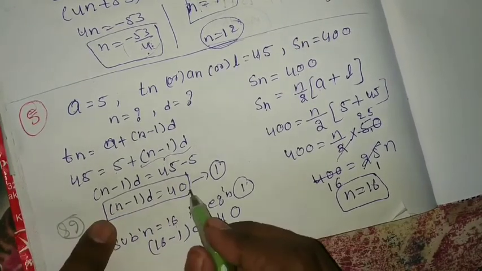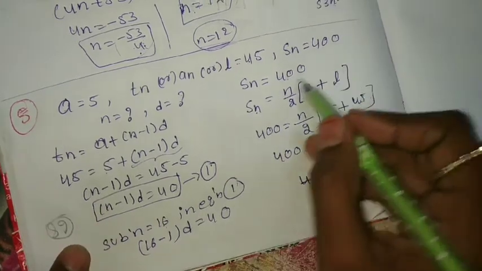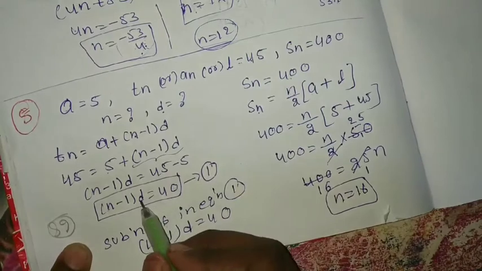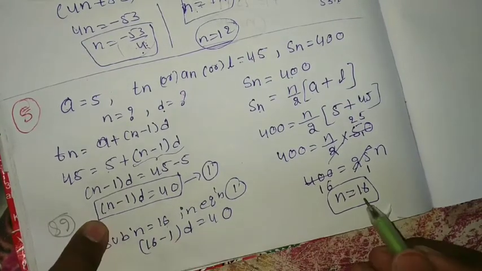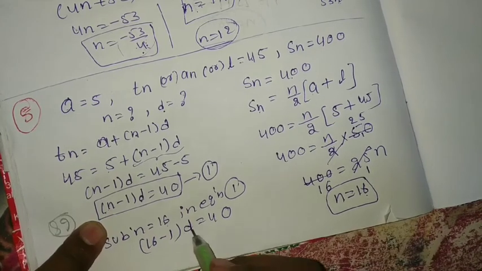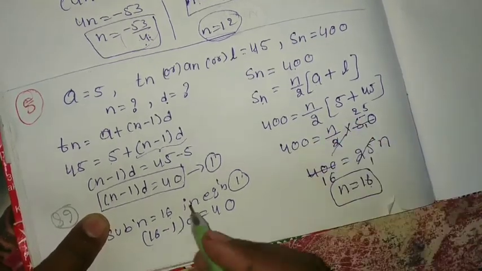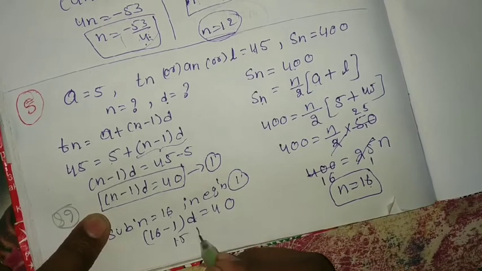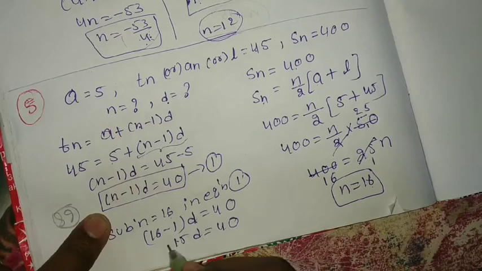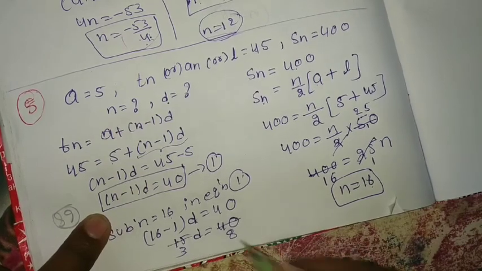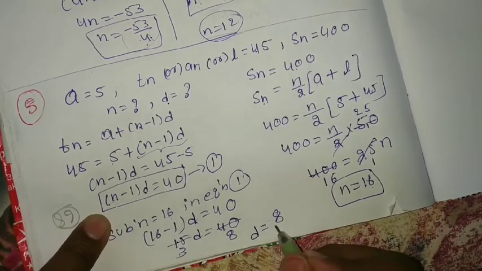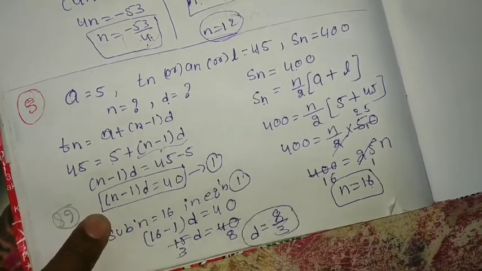Why are we using equation 1? Because what do we need? We need the common difference, right? Here is the common difference, and n we already know, we just found it: n is equal to 16. Understand? So we can find d easily. So 16 minus 1, 15d is equal to 40. 5 3s are 15, 5 8s are 40. So d is equal to 8 divided by 3. This is the common difference.